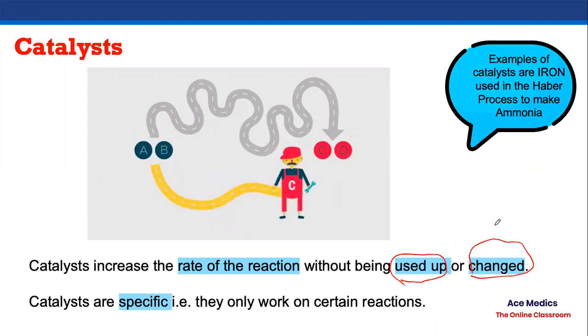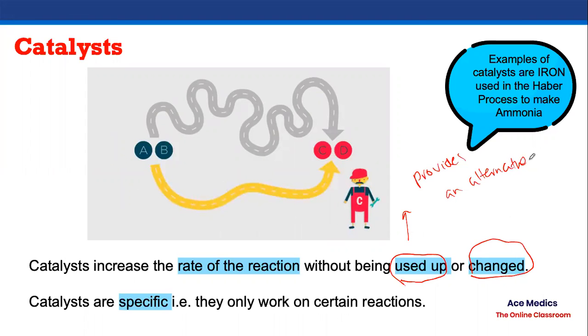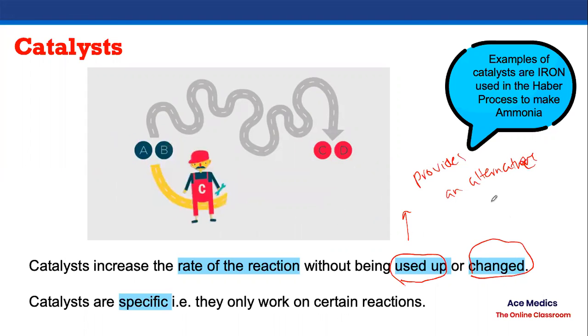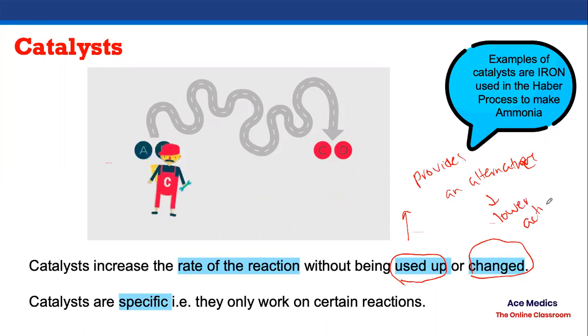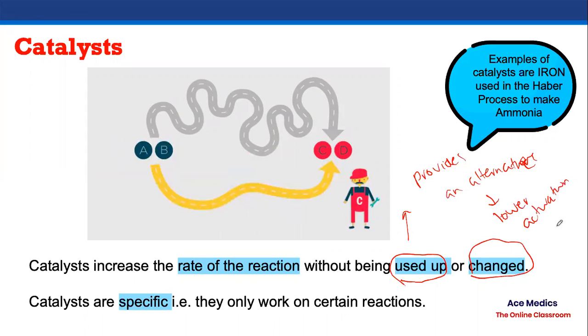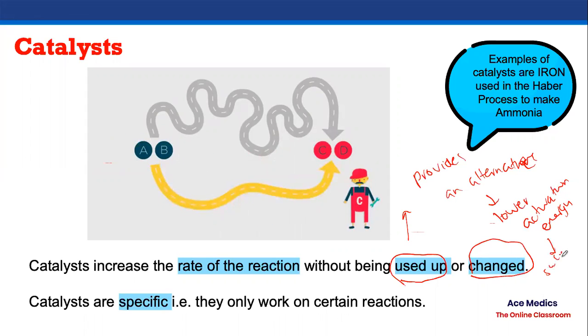It won't be changed. The way the catalyst works is that it provides an alternate pathway where you have lower activation energy. So you only require lower activation energy for there to be a successful collision.